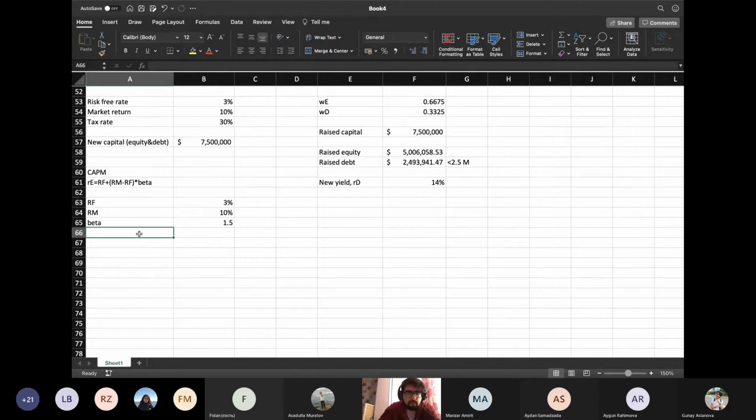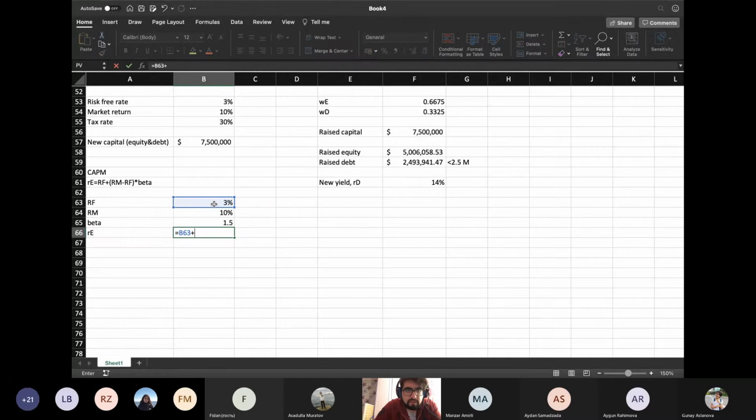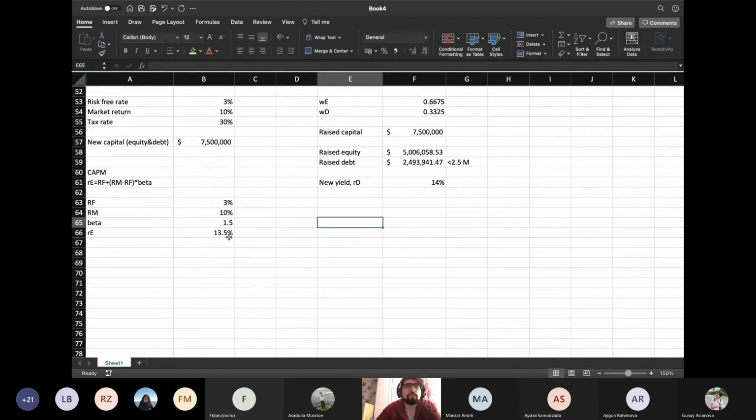So RE is risk-free rate plus market rate minus risk-free rate multiplied by beta. 13.5%. So our cost of equity, or RE, is this amount.